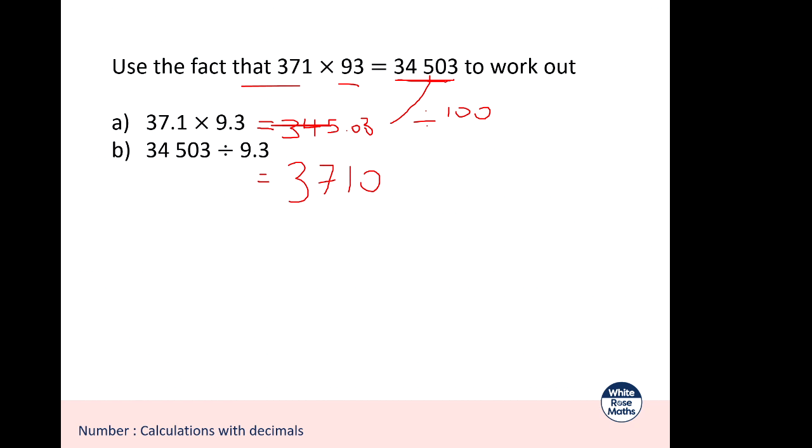Obviously working backwards here. Because this is 10 times smaller than this, to make it so the sum's in check, I'm going to multiply 371 by 10. That's my answer for that. Does that make sense, guys? Are there any questions?